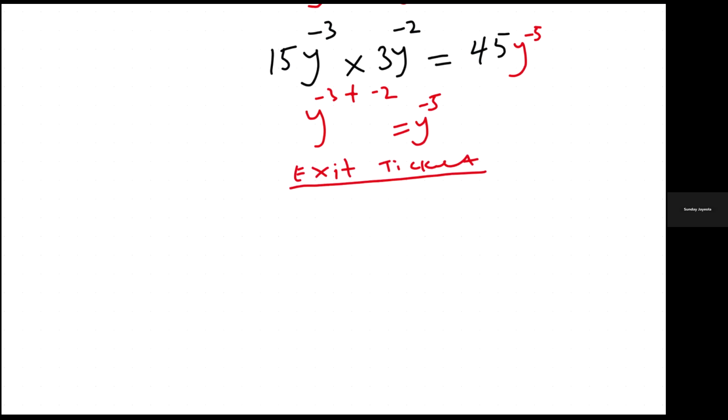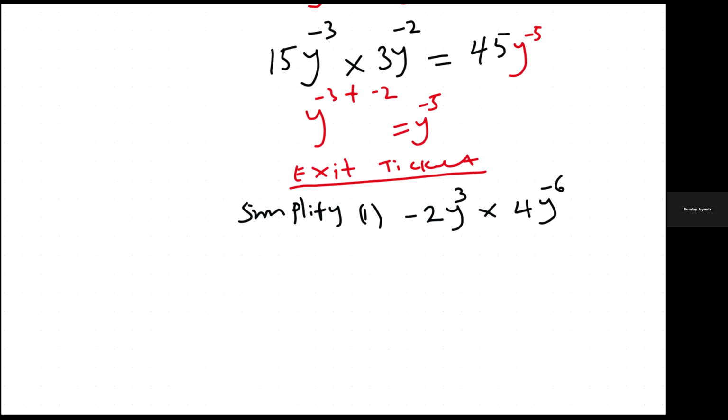If I ask you to simplify negative 2y raised to power 3 multiplied by 4y raised to power negative 6, all you do, let me give you a minute to do it. Let's wait for 30 seconds and see what you get.